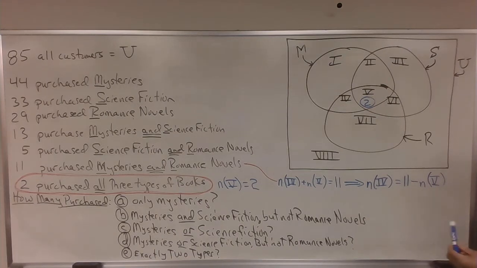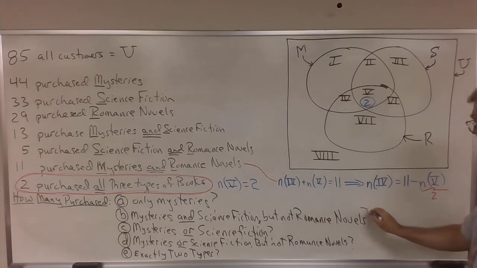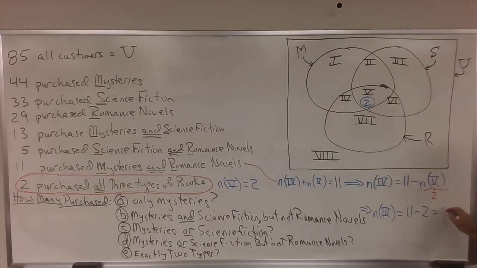In region 5, there are 2 people there. So that equals, let's see, number of people in region 4 equals 11 minus 2, which is 9.